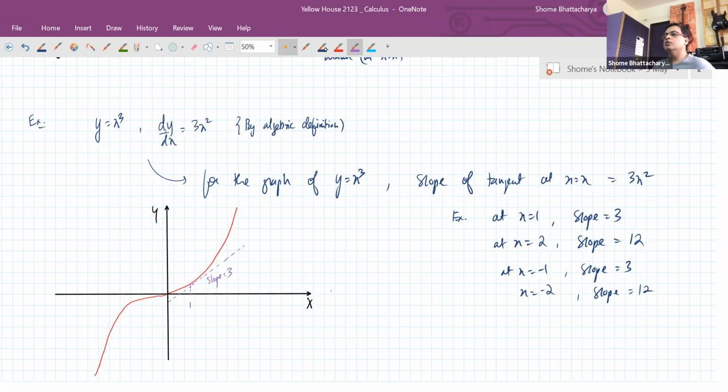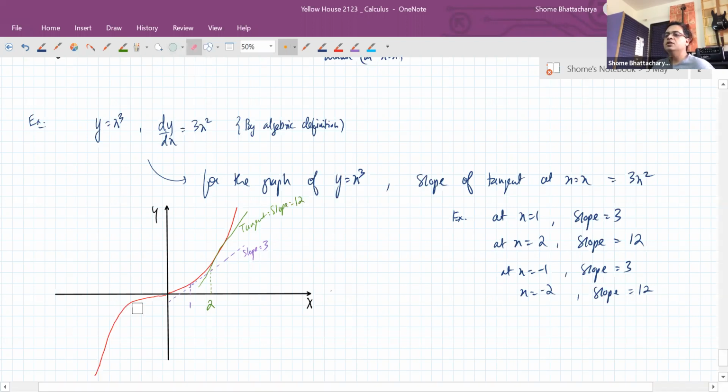Okay. But if I draw a tangent at x equal to 2, it should have a very different slope. It should have a slope which is considerably larger. For example, if at x equal to 2, I draw this tangent, this tangent has a slope of 12.